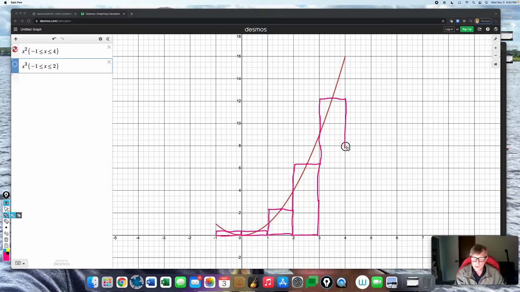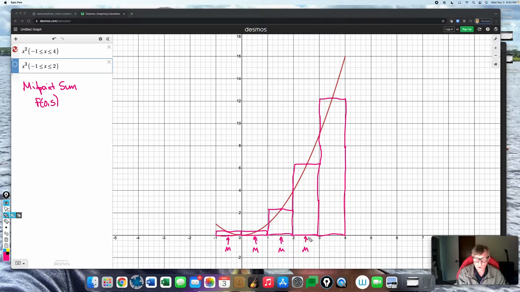Okay, so what happens if we add these pink rectangles together, right? So this is called a midpoint sum, and we would do f of the midpoint of the first rectangle. Actually, it's negative 0.5, right here, and then this midpoint, and then this midpoint, and so on, right? And there'd be 5 midpoints.